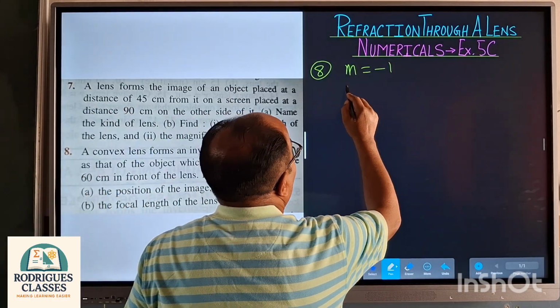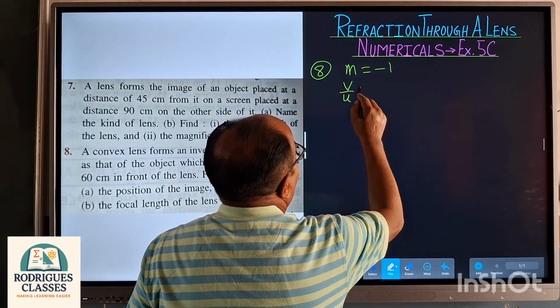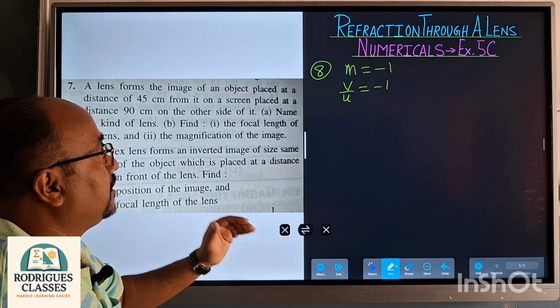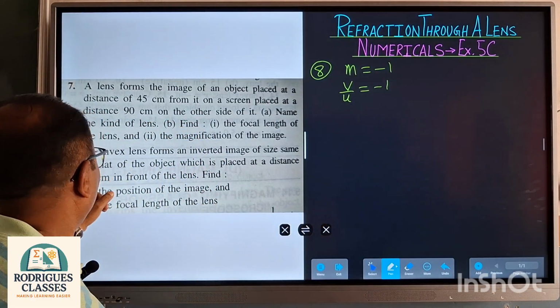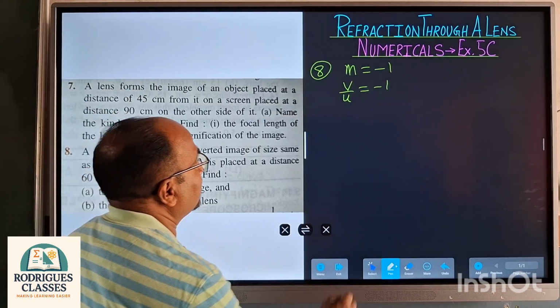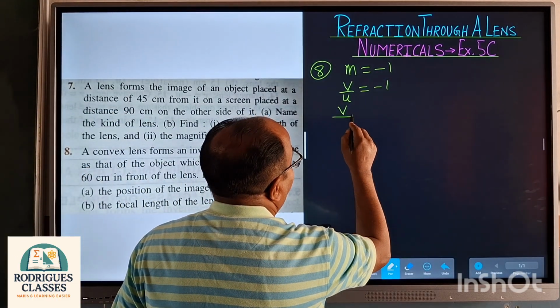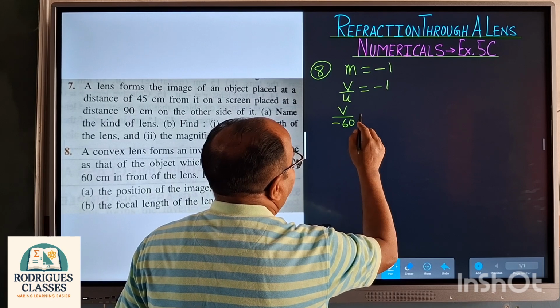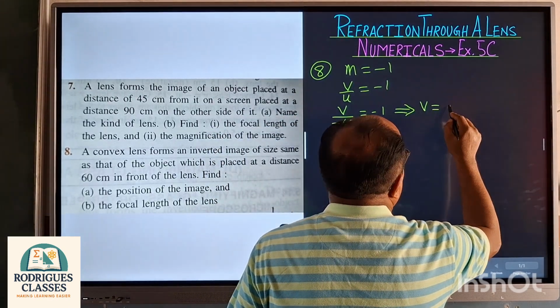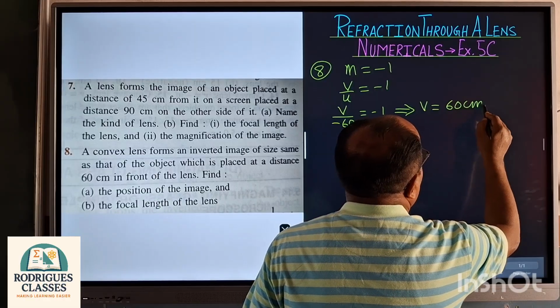Now I write v by u is equal to minus 1 for magnification. I have written the formula there. What is given to us? The object is placed at a distance of 60 centimeter. So I will write here v by the object distance, minus 60, equals minus 1. That will give me v coming as 60 centimeter.